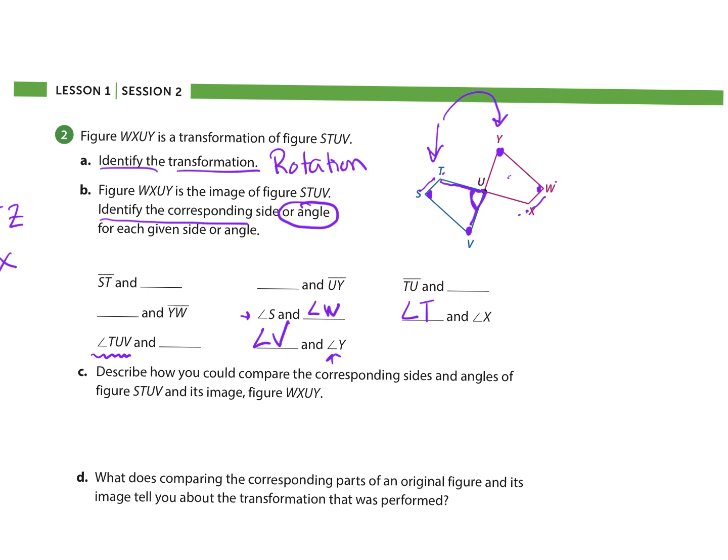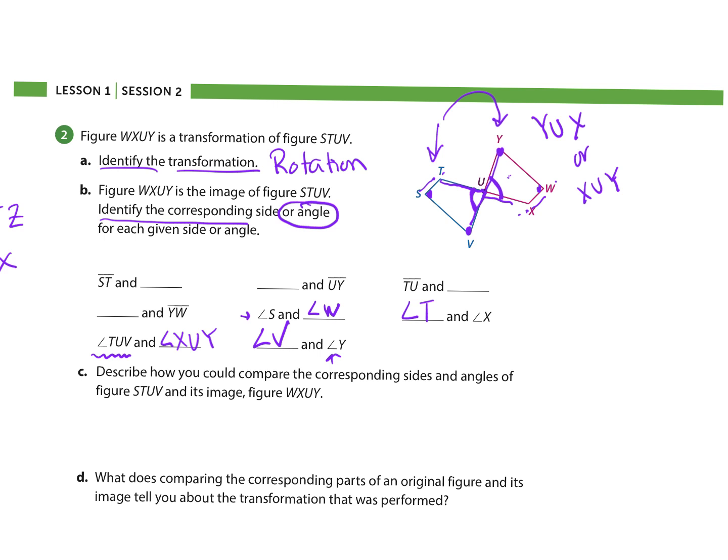TUV is this angle right here. And that is going to correspond with this angle right here, which we can call YUX or XUY. Same thing with little angle sign, and I'm just going to do X, U, Y. So those are corresponding angles.